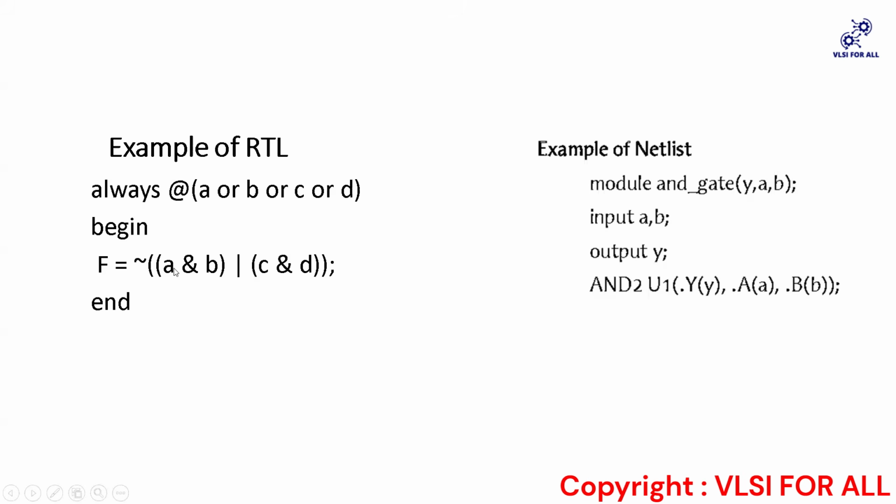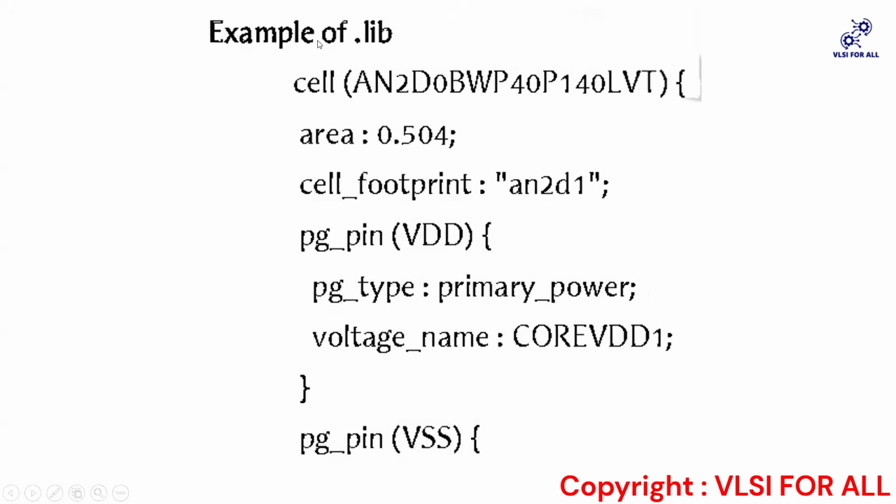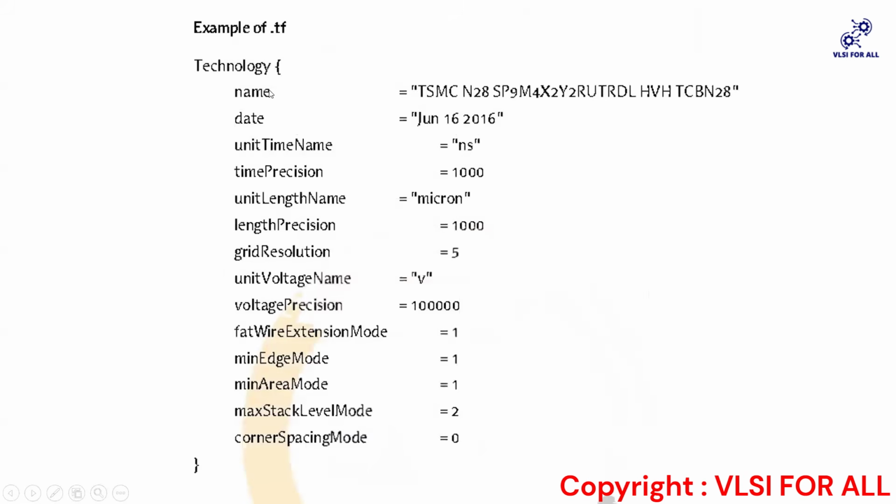This is the example of RTL and the example of netlist. This is the example of a .lib file. And this is the example of a .tf file. You can see TSMC 28 nanometer; the technology file is described like this.